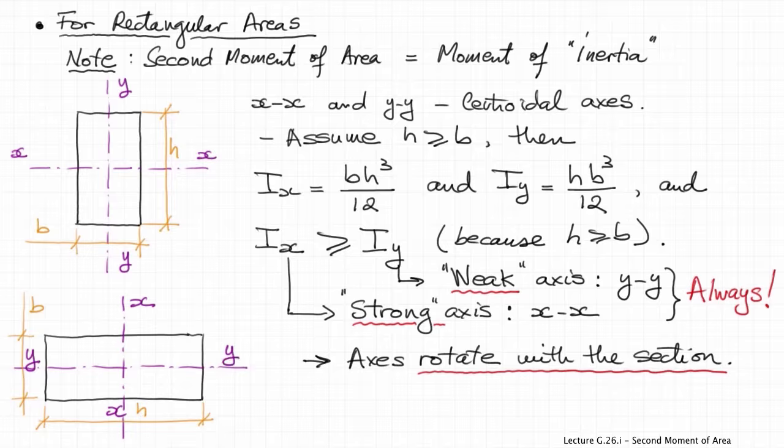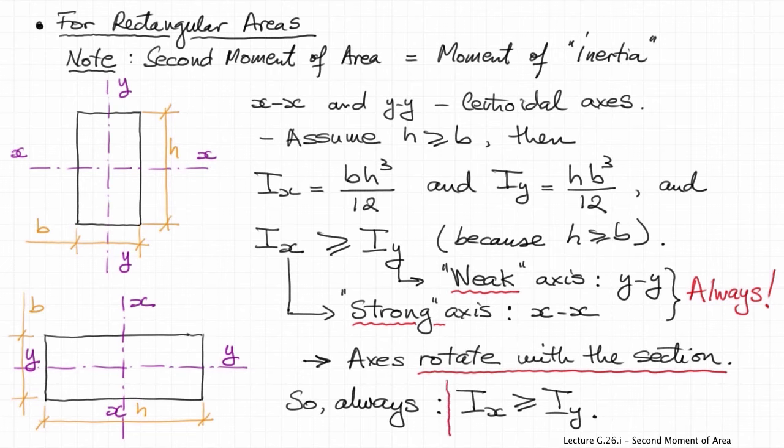So as you can see, the x-axis now becomes vertical and the y-axis becomes horizontal because we have rotated them with a section. So axes are always glued to the section. They rotate with a section. So therefore, always, regardless of the configuration of the section, Ix, the moment of inertia for the x-axis, will be larger than the moment of inertia for the y-axis, and x will stay the strong axis and y will stay the weak axis.